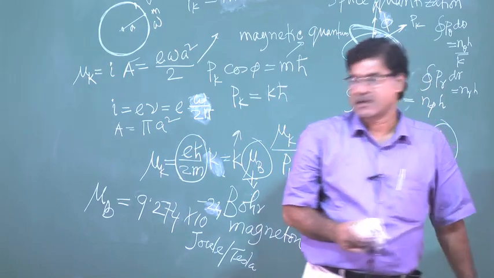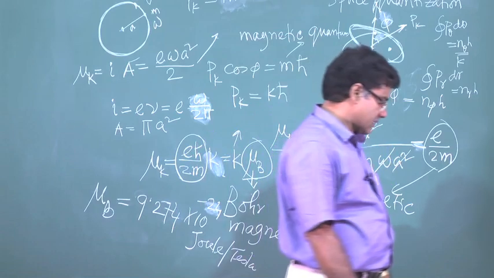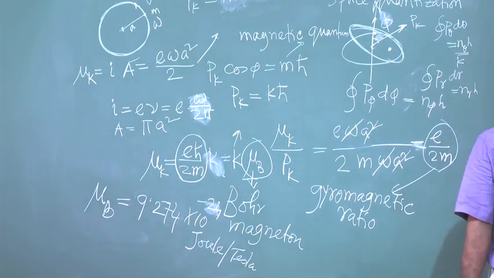So this is the universal constant for magnetic moment.